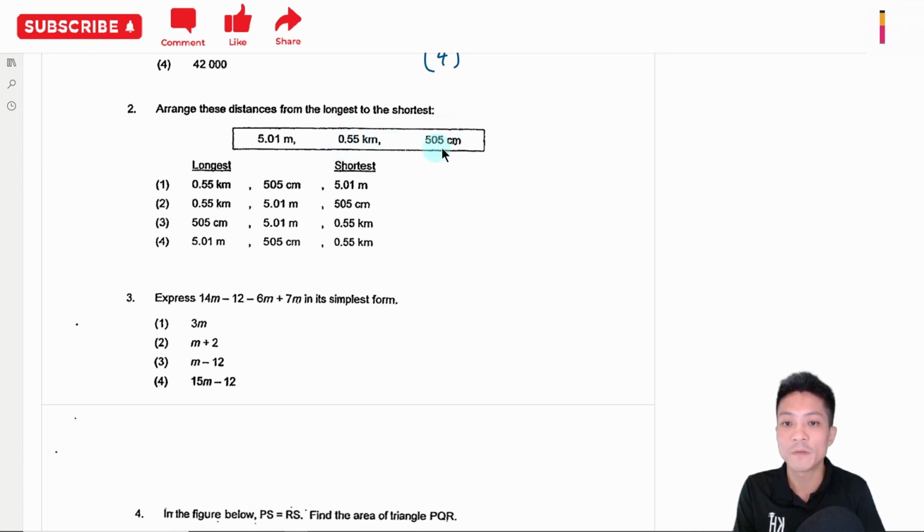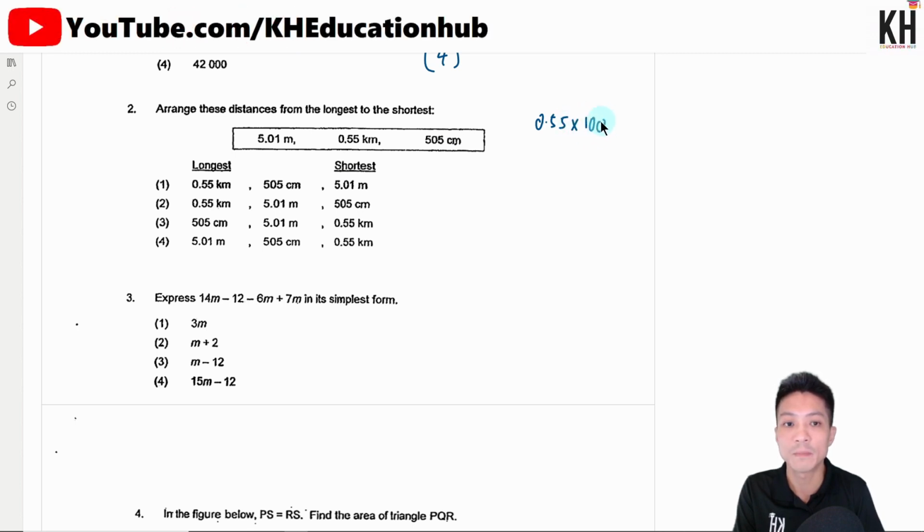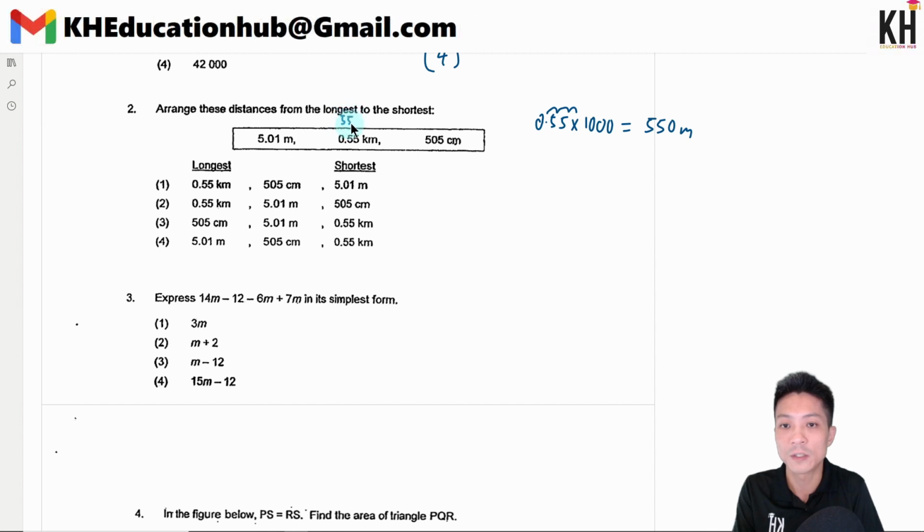So this 0.55 kilometer, right, you change it to meter, you multiply by 1000, right? Do jumping bean 1 2 3 and it's going to give you 550 meter. So this is 550 meter. Okay, 505 centimeter. If you want to change it to meter, you have to divide it by 100.